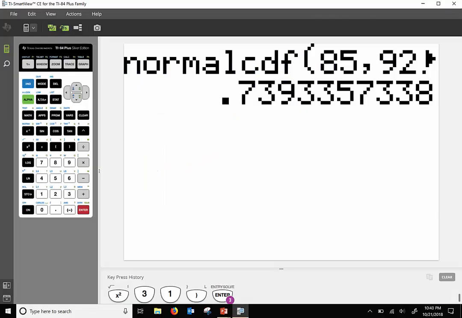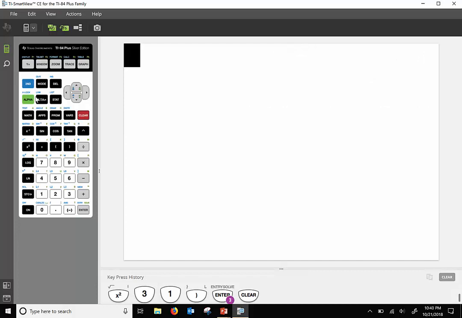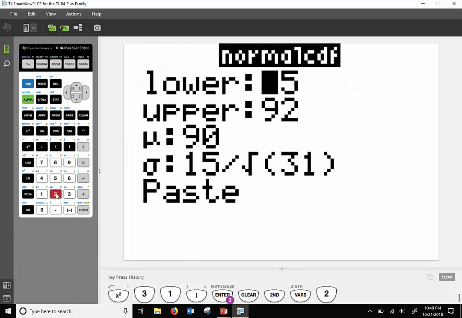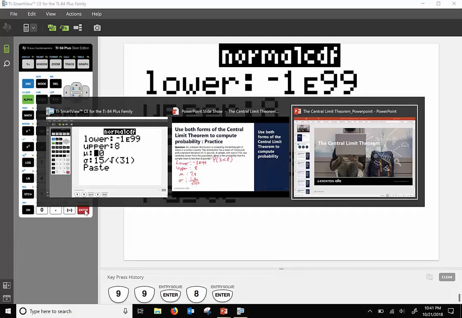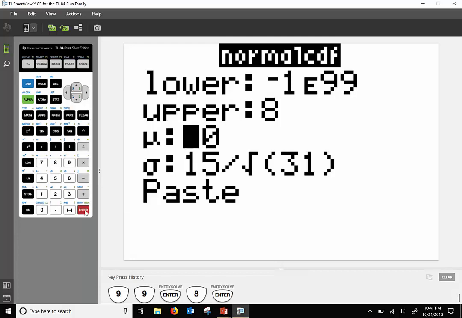Calculator time. Let's clear it out. Second vars, normal CDF. Lower bound was a negative 1E, where you at? There's the E, 99. Upper bound was 8. What was that mean? The mean was 7.8.